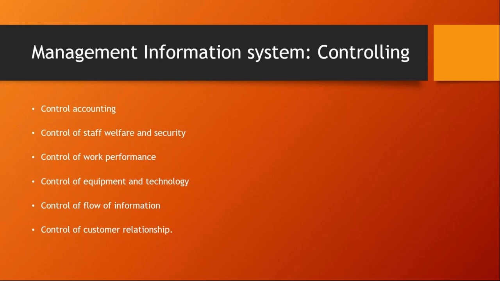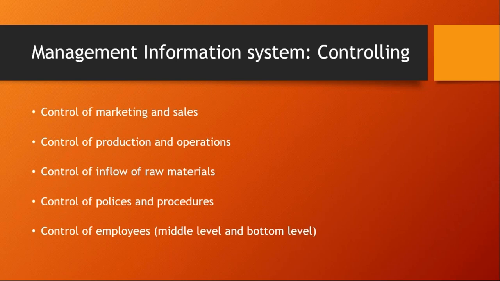Like we said, the 5 steps include to set standard, measure performance, compare performance with the standard that is set, determine the reasons for deviation, and take corrective action as needed. So when you use MIS like computer systems to control these aspects of the organization, from accounting to work performance to equipment to inflow of resources to staff welfare to sales to production, that is control as far as management is concerned.